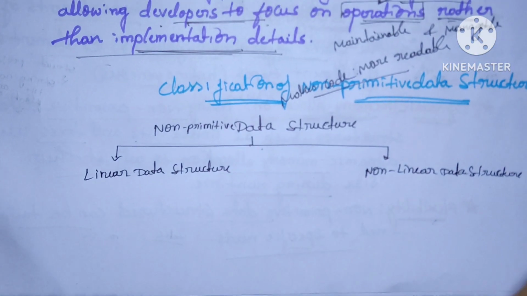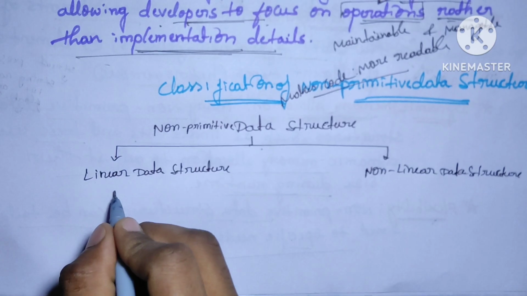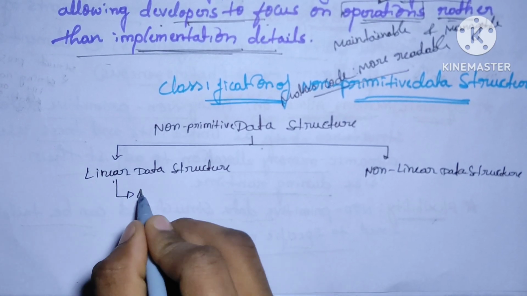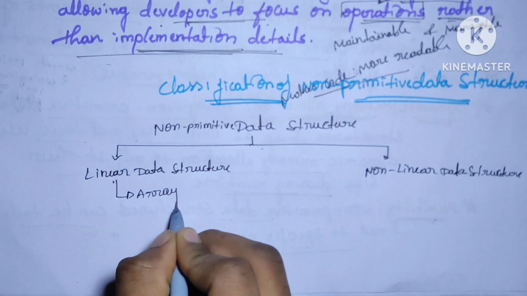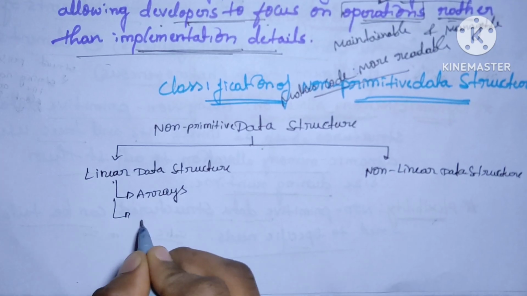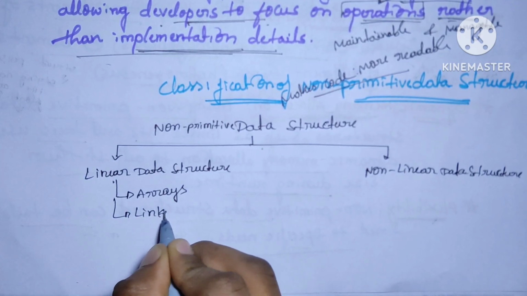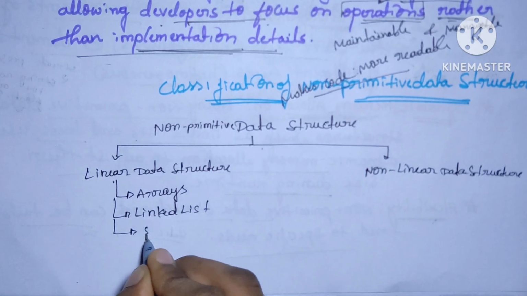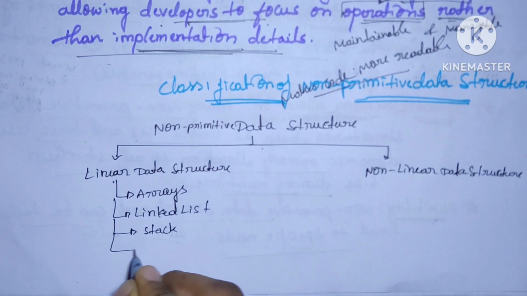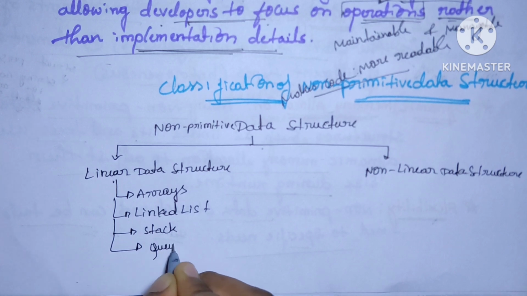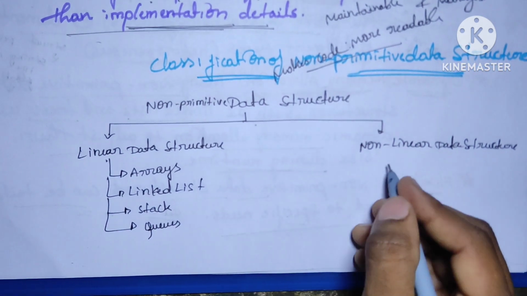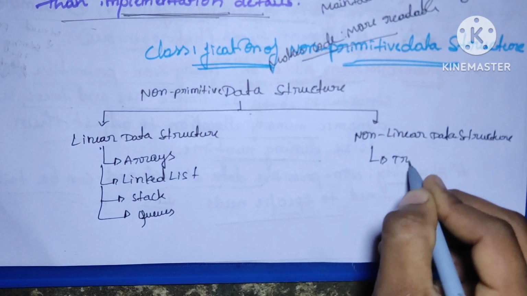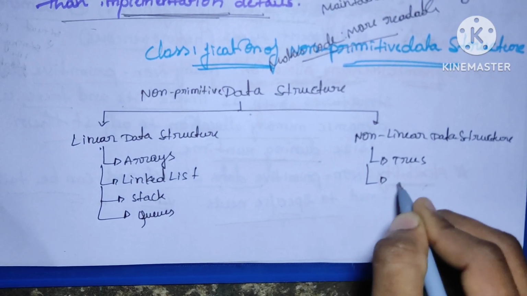Next we will move on to the further classification. In the linear data structure we have array, which is a kind of linear data structure, linked list, stack, and queues. In the non-linear data structure we have trees and graphs.